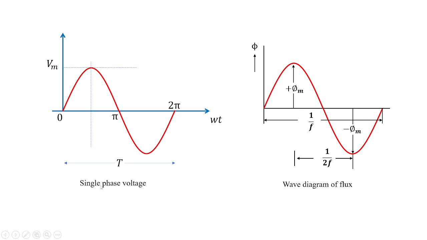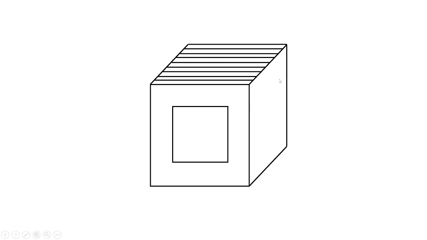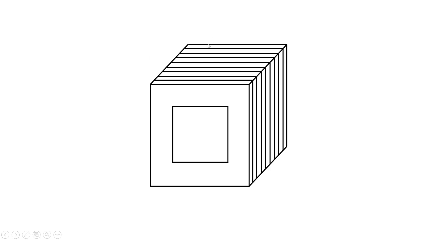Anyhow, the single phase voltage in terms of Vm or V, you can see on this particular graph, and similarly the flux waveform diagram you can see in this particular graph. So when you apply this to a transformer, here you can see I have taken the front view of a transformer, and you can look into the side view like this, and the cores are insulated from each other by the insulating plate in this fashion.